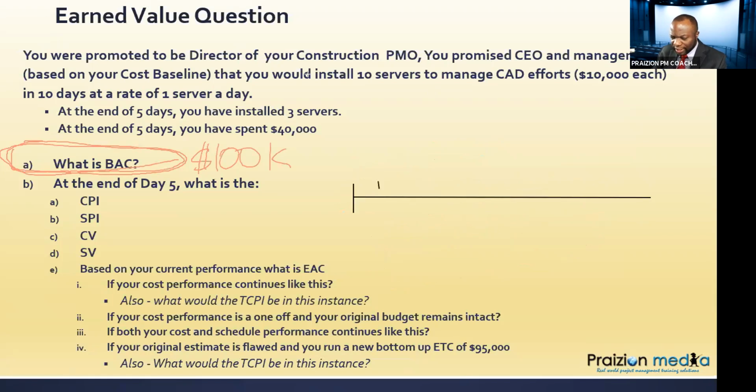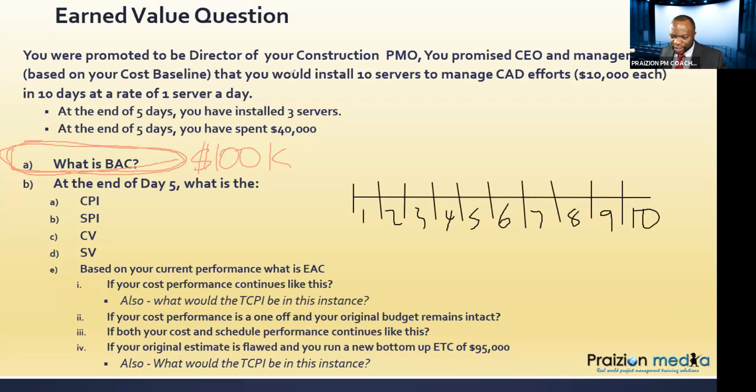So there are 10 days. 1, 2, 3, 4, 5, 6, 7, 8, 9, 10. And it says the rate of 1 server per day. So what this question is telling me is that every day we should install 1 server. Okay. The red squares are the servers. Think of it like that.